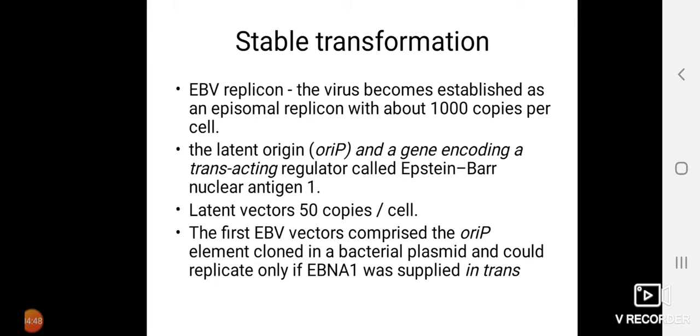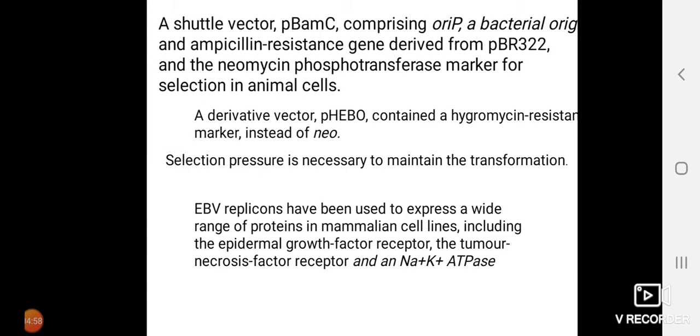comprised the oriP element cloned into a bacterial plasmid and could replicate only if EBNA1 was supplied in trans. So it can make the cell produce our required protein molecule whenever needed.